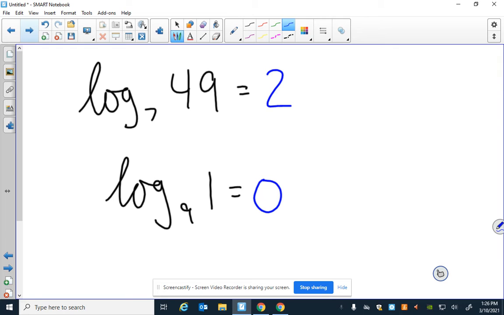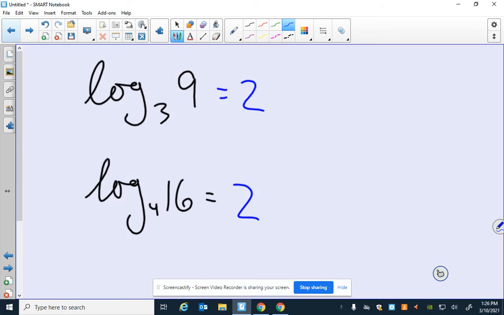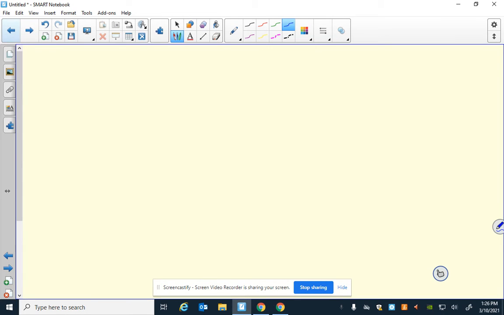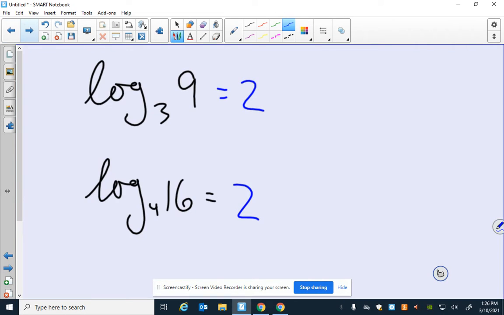Oh well. So here's how it works. I'm going to jump back a couple slides, and we're going to walk through it. Really what I'm asking on all of these, I don't know where my stuff went, but there we go. Log base 3 of 9 is 2 because this is really asking, 3 to the what power is 9?